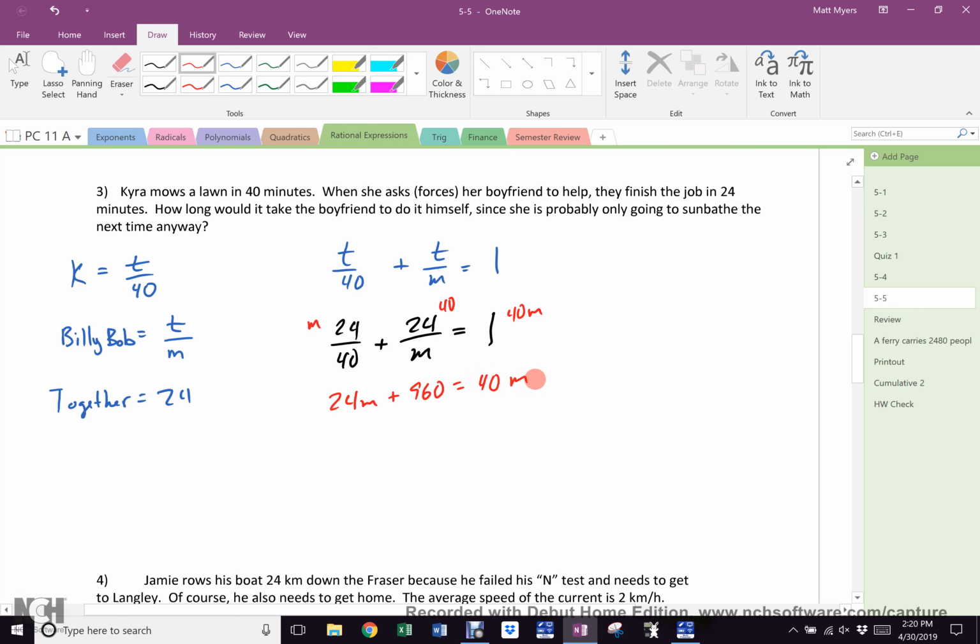Now what? 960 equals what? 16M. What does M equal? 60. How long is it going to take him to do the lawn? 1 hour. Billy Bob will take 60 minutes.